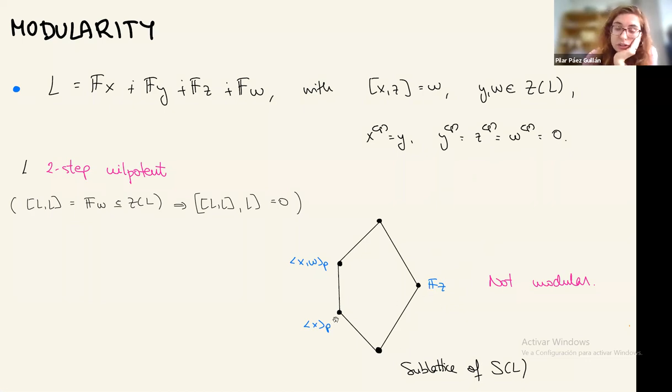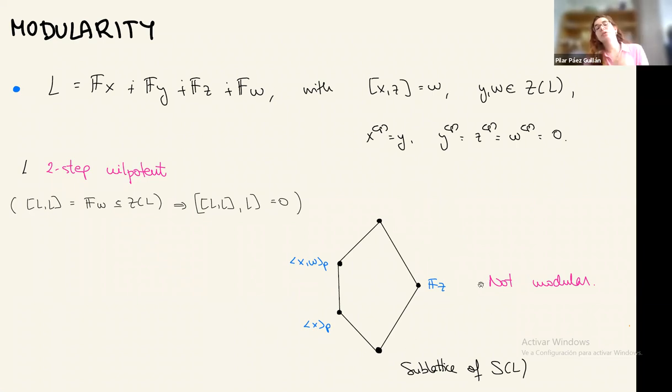And if we consider the join of the one generated by X and the one generated by Z, we will have X, Y, we will have Z, we will have its product W, so we will have the whole algebra. And these considerations define this sublattice in the restricted algebra, which is the pentagon N5.